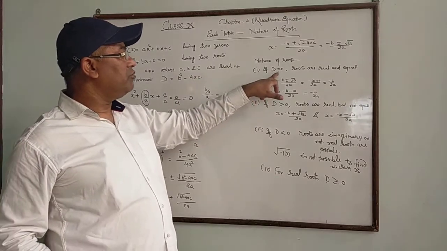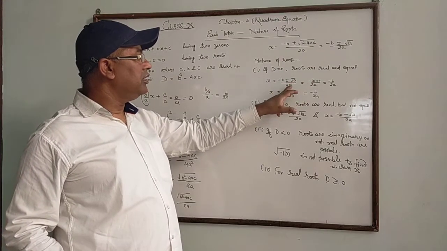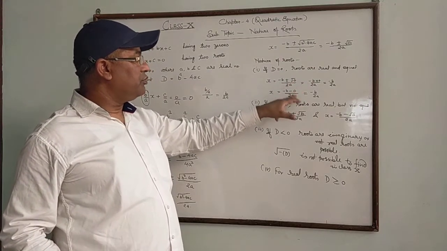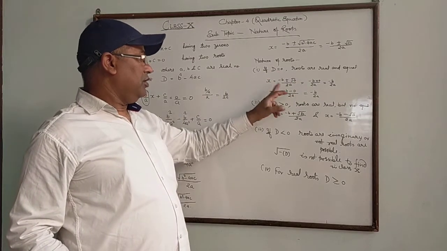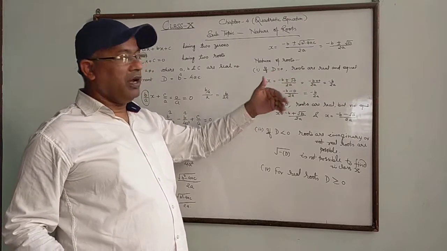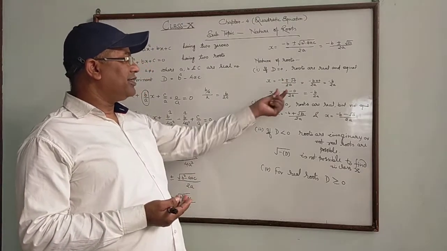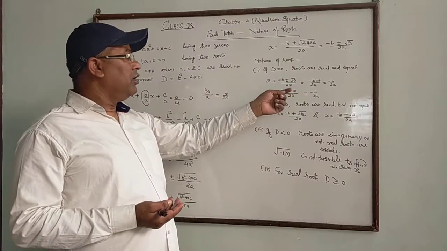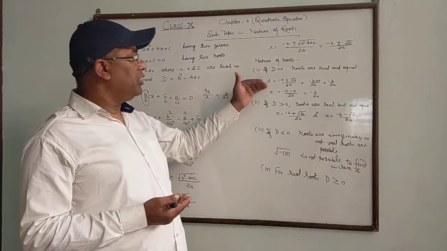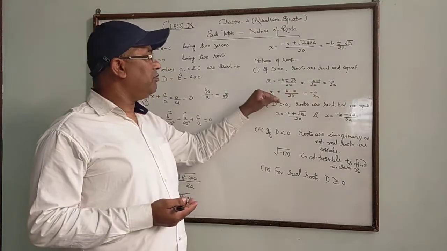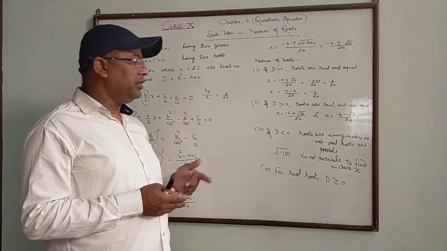Now x equals minus b plus minus under root 0, because we put the value of D as 0, upon 2a. Once we take the plus sign and then the minus sign, adding 0 to any number always gives the same value, and subtracting 0 from any number always gives the same. So here we get minus b by 2a in both cases. So roots are real and equal.